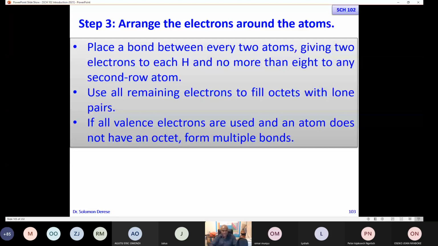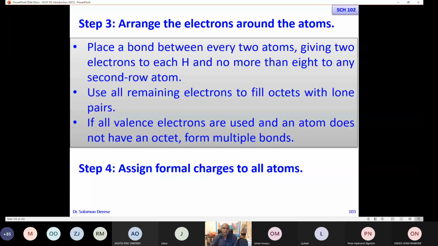Then after you have done that, it is possible, as I told you, the species could be ionic. It could be positively charged or negatively charged. So step 4 is to assign formal charge to all the atoms involved in the chemical bonding. For example, you have the sulfate ion SO4 2-. The charge on the sulfate is -2.